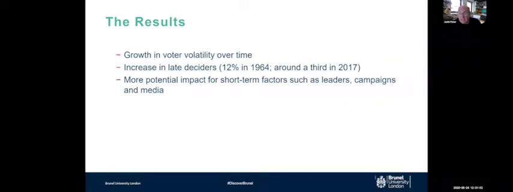And in 1964, only around 12% of voters said they made up their minds during the campaign. In the last election for which we have data on this, we don't have the 2019 data yet, but in 2017, that had risen to around 1/3 of all voters. 1/3 of all voters in 2017 said they made up their mind pretty much at the last minute.